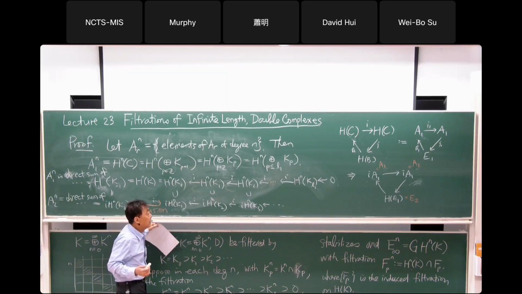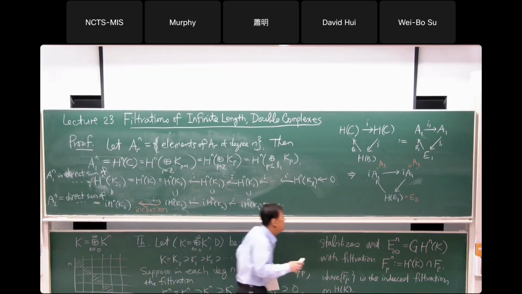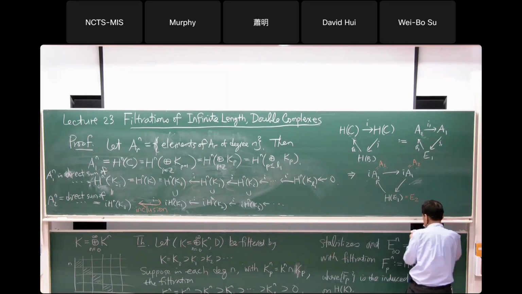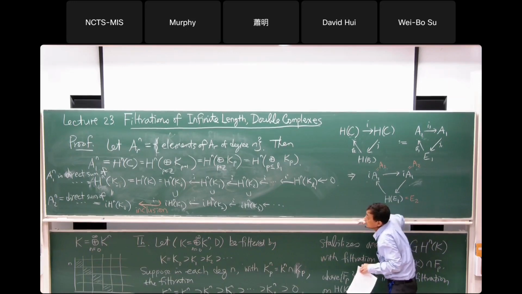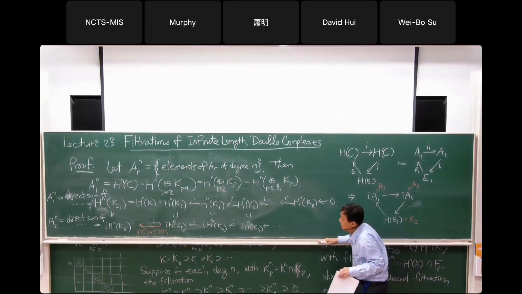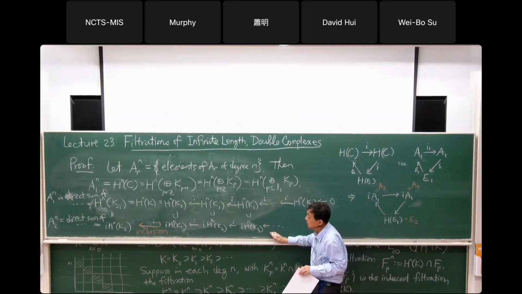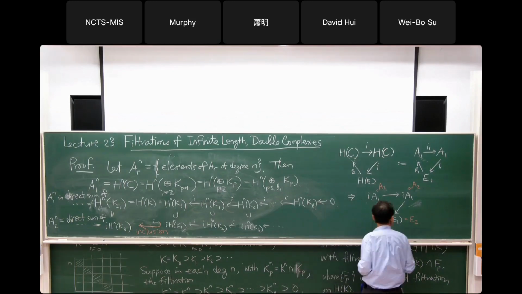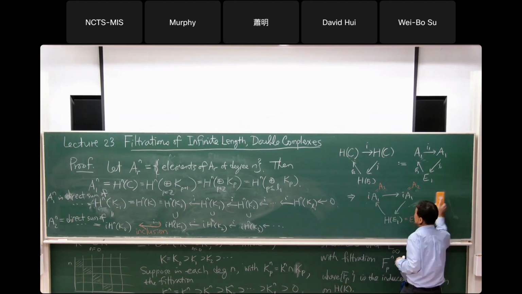So far it's the same argument as last time: after finitely many steps, I guess after L1 steps, all the maps become inclusions.